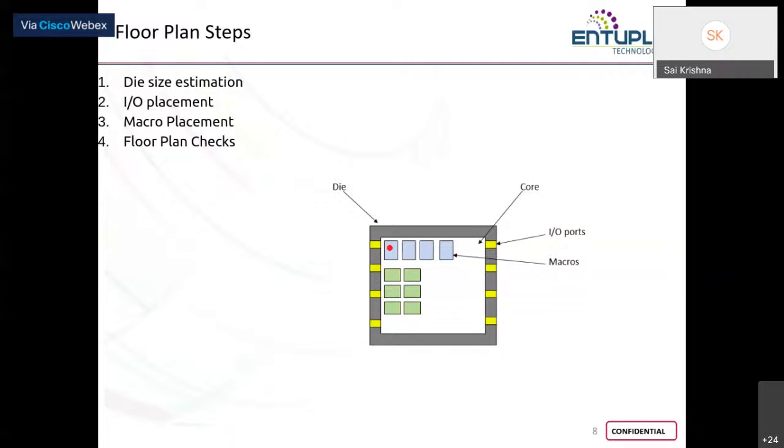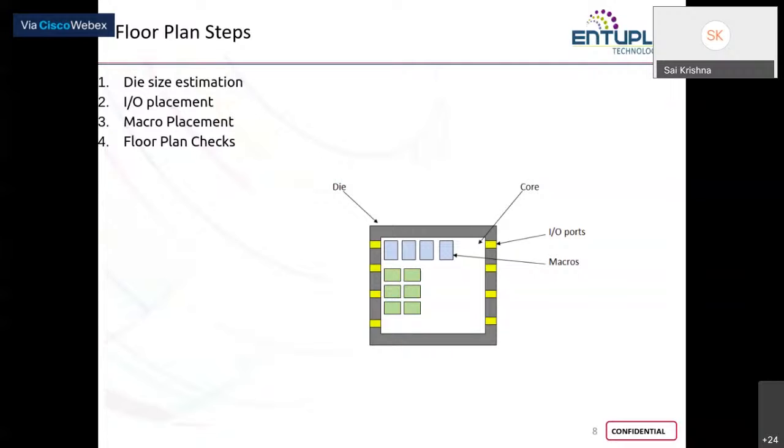And another important guideline is that, as I said, every macro could have tens or hundreds of pins. These pins could be connected to your standard cells or your IO pins.